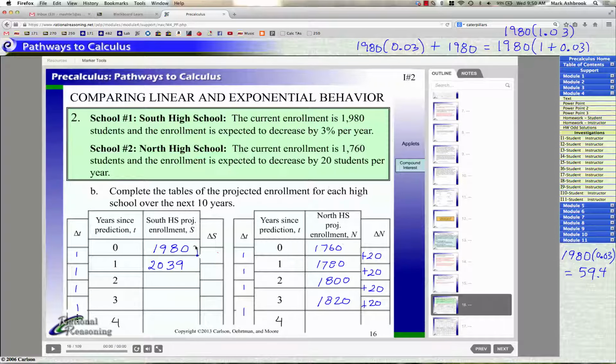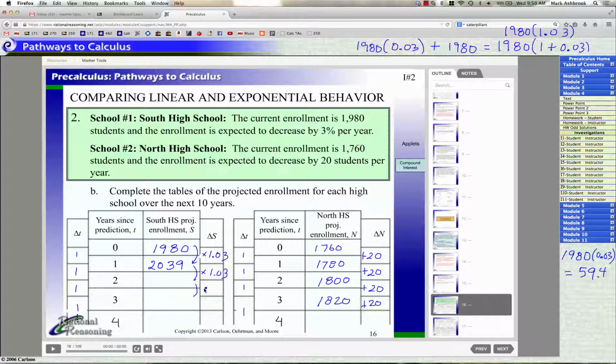So really, this was about multiplying by 1.03. And you could do the same thing for all of these, because you're going to add the previous one plus 3% of the previous one.